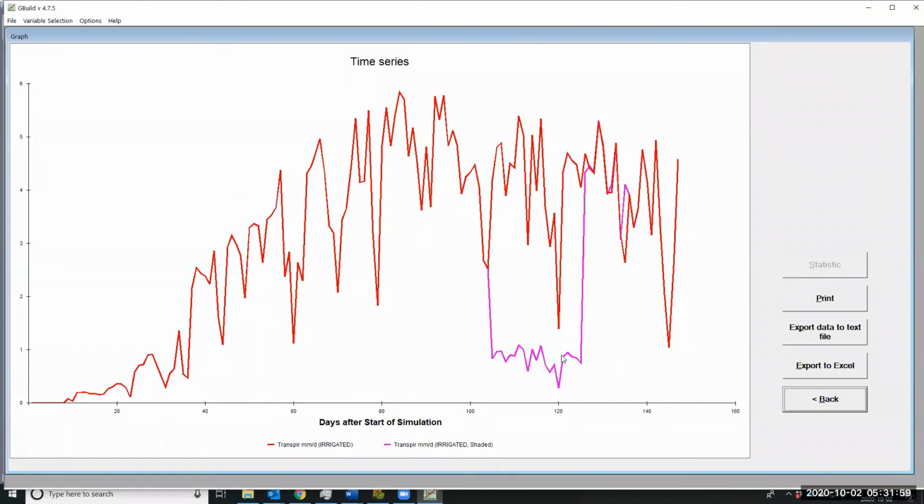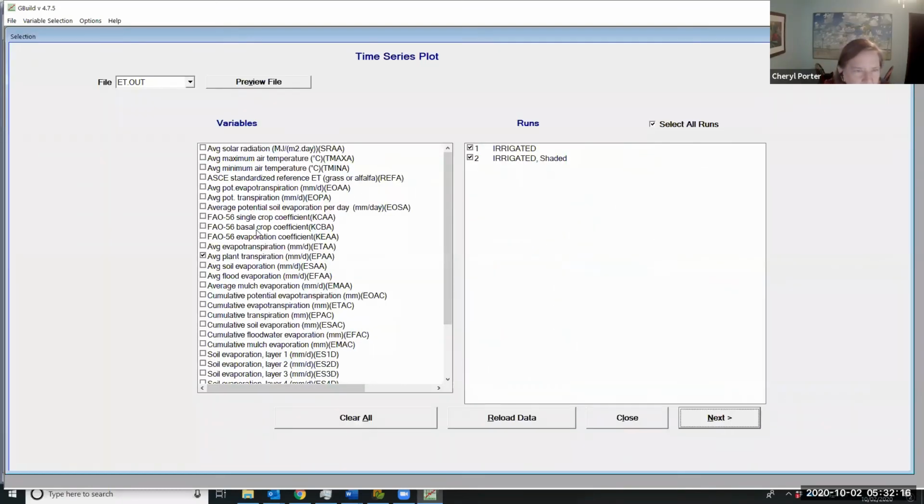Да, помните, мы все в том же самом эксперименте с затенением, и мы видим, что в течение этих 21 дня, когда у нас по эксперименту было затенение, транспирация растения очень сильно уменьшилась.